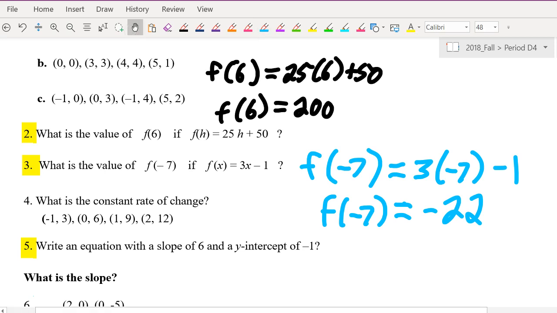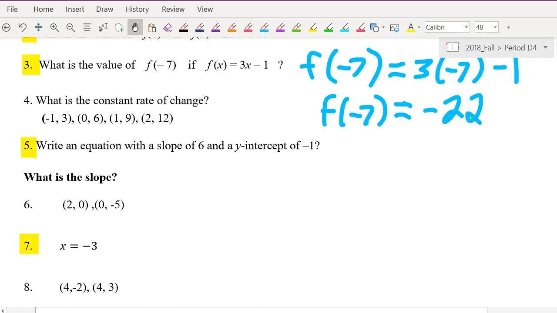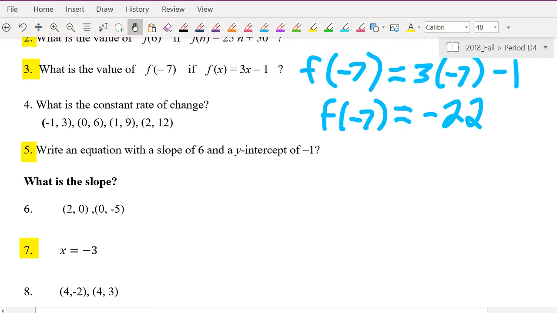Okay. All right, write an equation with a slope of 6. Oh, that's easy. Yeah, let's have the birthday girl do it. What do you think the answer is? We've got a slope of 6 and a y-intercept of negative 1. Can you say the equation?